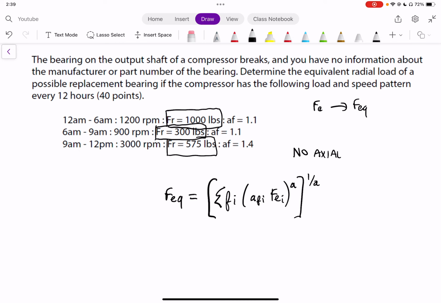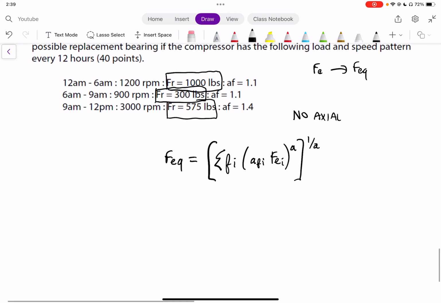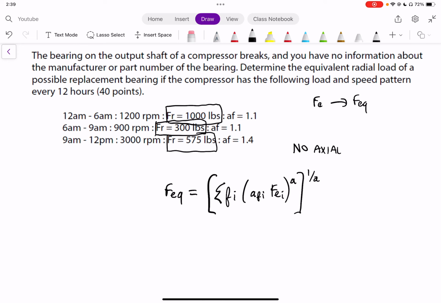I'm going to start writing all the information that we're given in an organized table to solve the problem. I highly suggest that whenever you solve these types of problems, you organize yourselves with a table. We'll see different levels of complexity in the problems, but this would be the easiest way to do it.